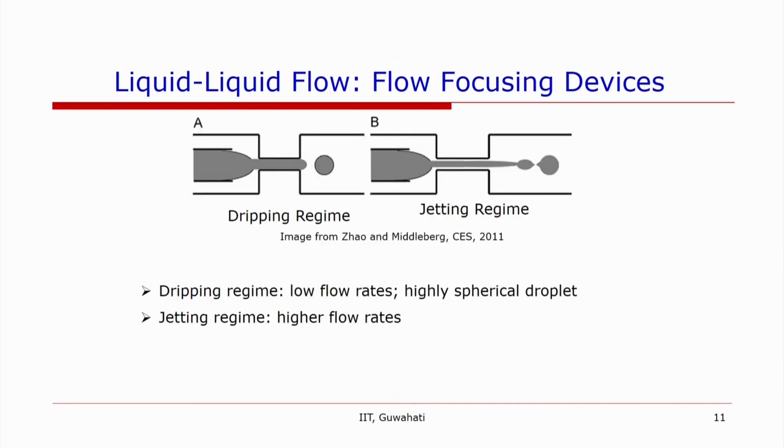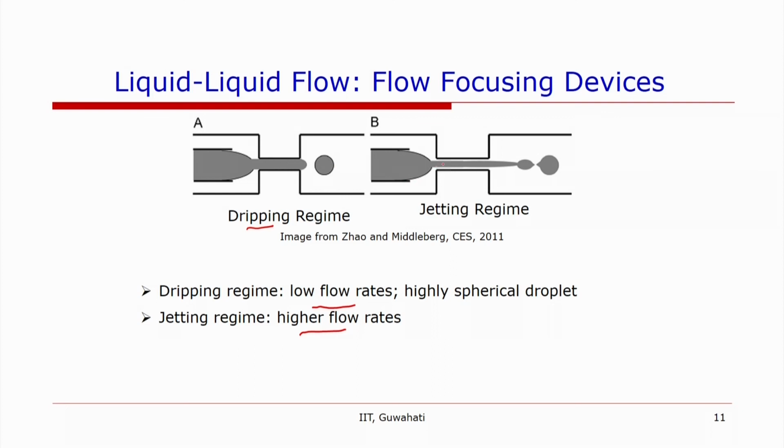So one observes two flow regimes in this. One is called the dripping flow regime, which is observed at low flow rate. Another one is called the jetting regime, which is observed at higher flow rate. So in the dripping flow regime, at low flow rates or low velocities, droplets of uniform size, monodispersed droplets, are generated.